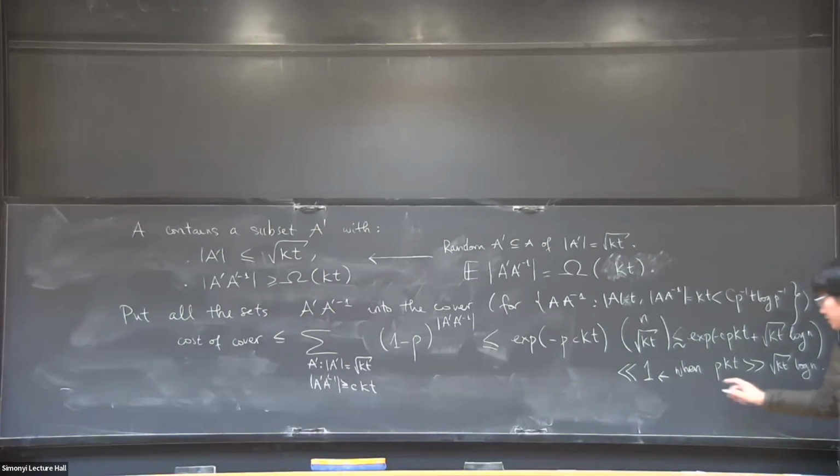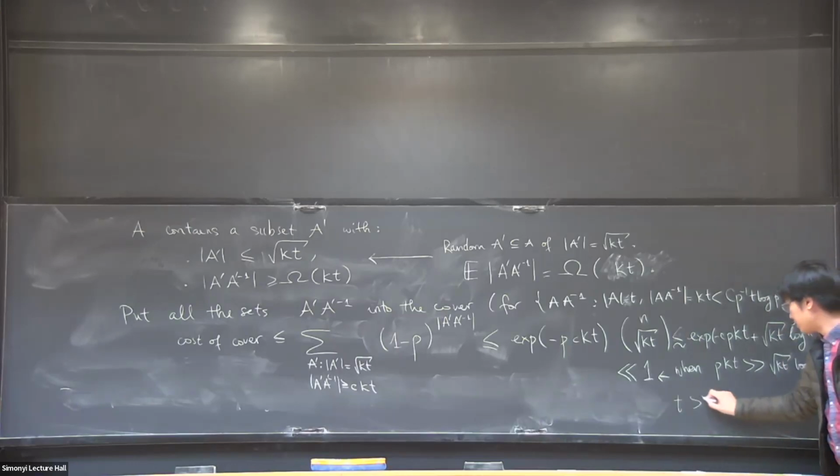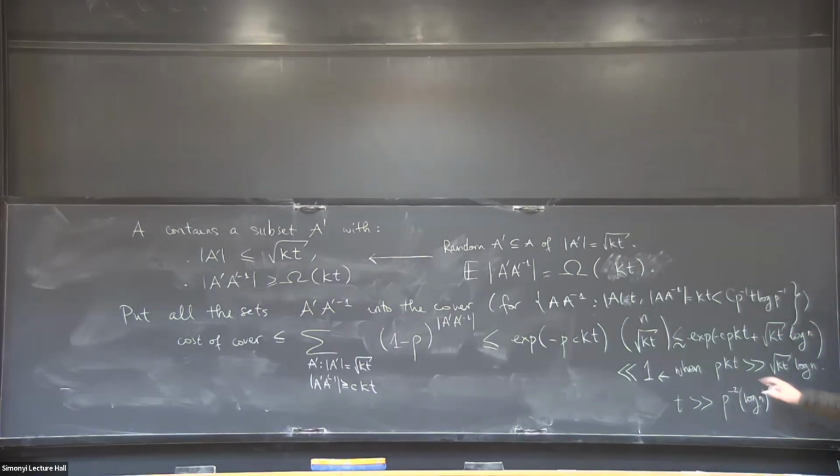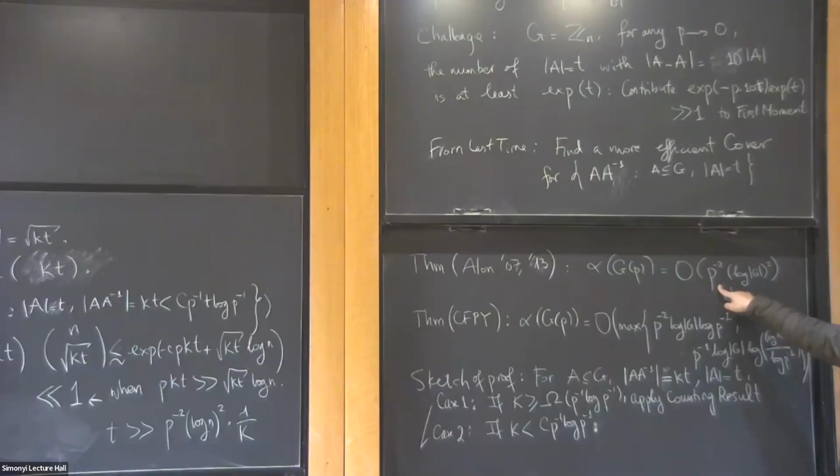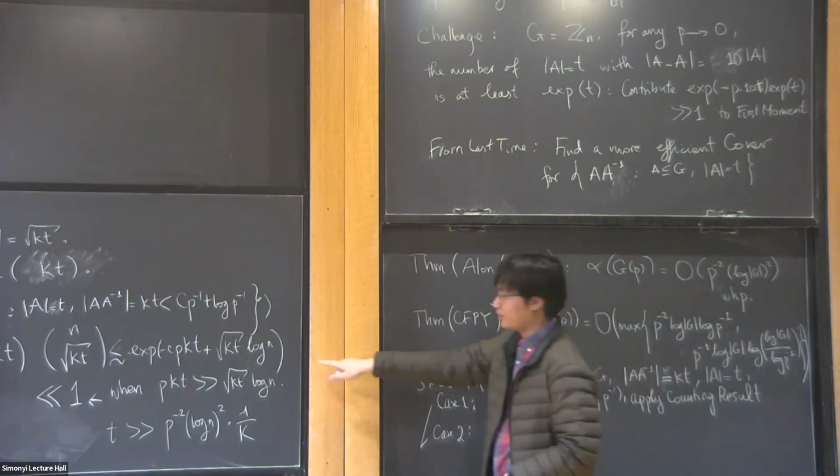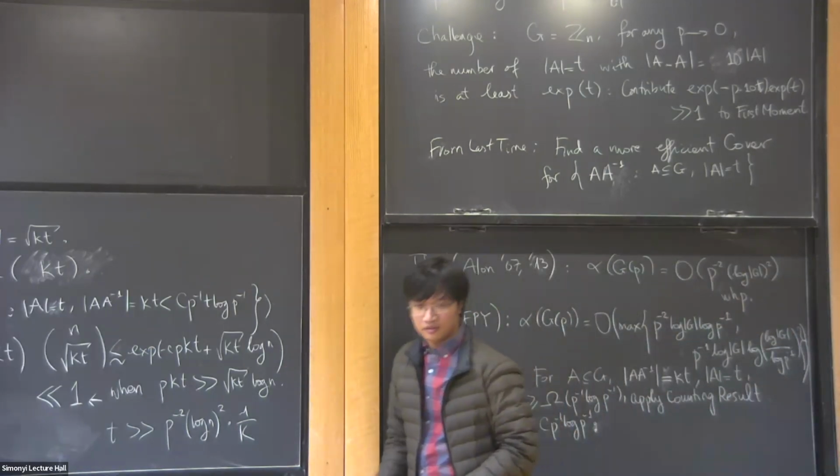And this is true in particular when t is much bigger than p to the minus 2 log n squared. Actually, there's a 1 over k here, but k is always at least 1. So when t is larger than p to the minus 2 log n squared, this type of term is always very small. Okay.